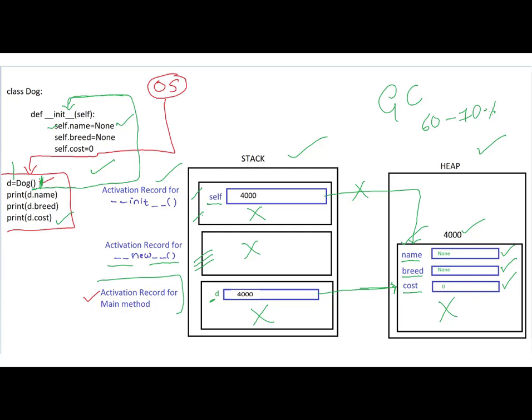So now we don't have anything in the stack or in the heap, the memory is completely free. So now the operating system gets its control back. Now our process is done, object creation is done. This is the process that is going to execute behind the scenes. This completes object creation in Python.